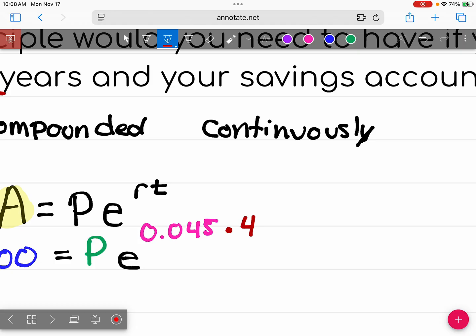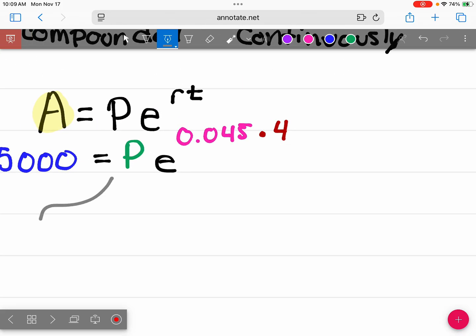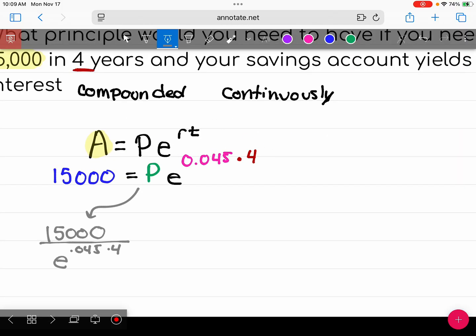How could I figure out what P needs to be? Divide by that. I can either divide by e and put it in the calculator as a fraction that has the e, or I can switch the e to be a decimal and divide by that. Either way. So I'm going to write it both ways just so we can see it. I can either do my 15,000 divided by e to the 0.045 times 4 and put it in the calculator like that.